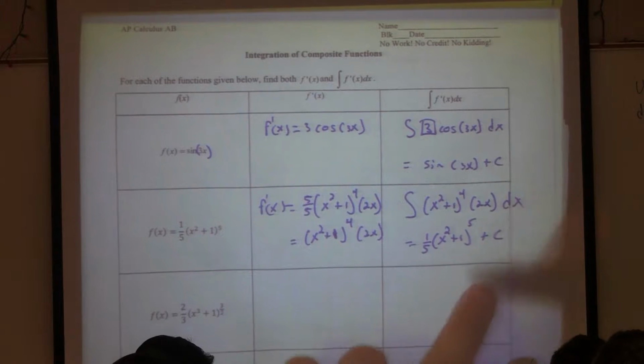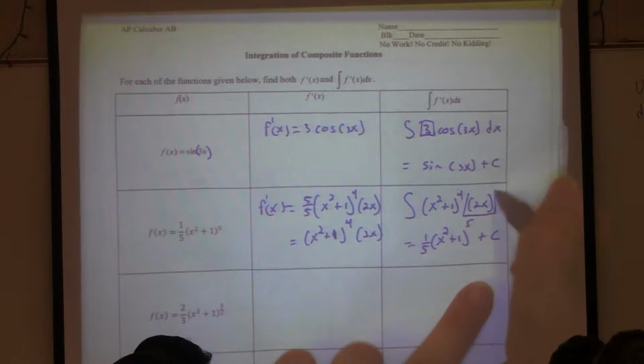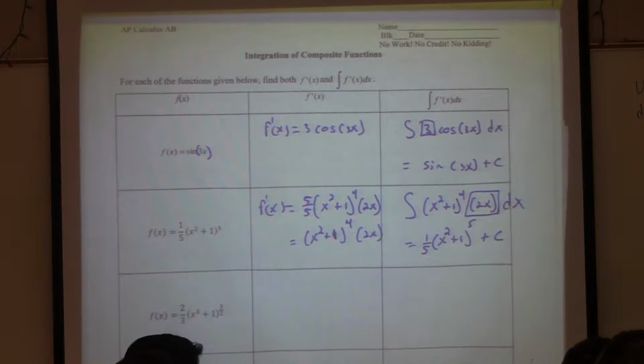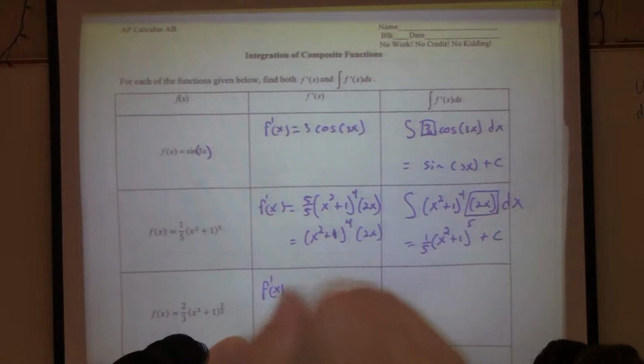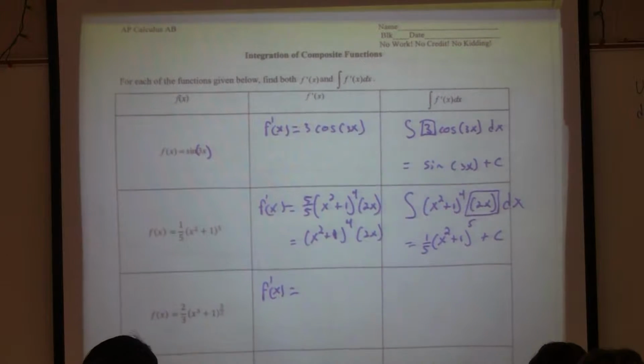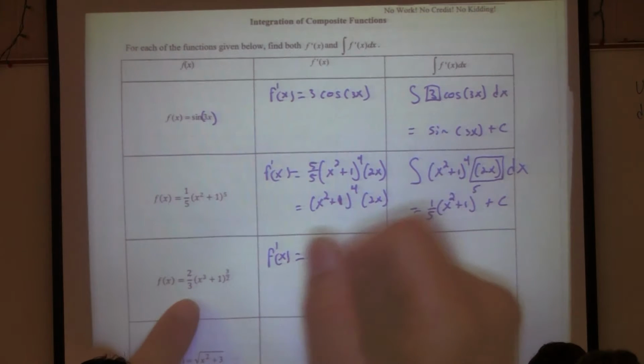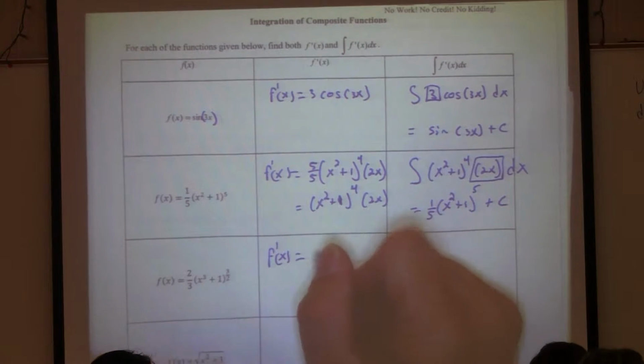What's kind of being the pattern that we're noticing? What has to be provided for us? The derivative of that inner function, right? That u. Cool? One more. What's f prime going to be here? 2/3 times 3 over 2, right?